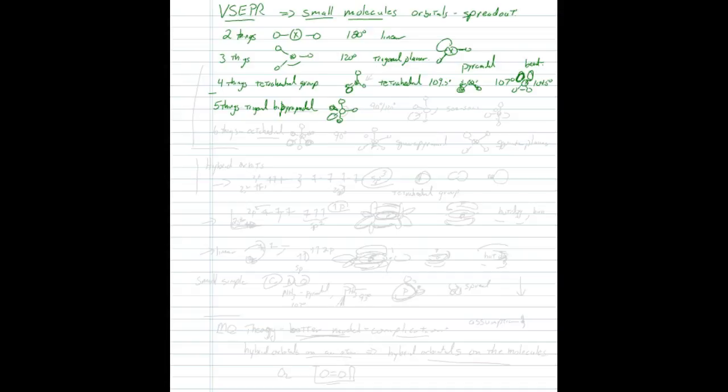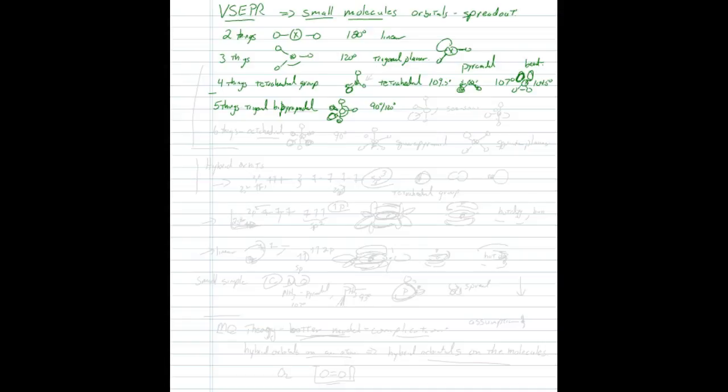These are expanded octets, like sulfur. The bond angles here are a combination of 90 degrees and 120. This angle here would be 90. This angle here would be 120. So equatorially, it would be 120 degrees. Axial to equatorial would be 90 degrees.